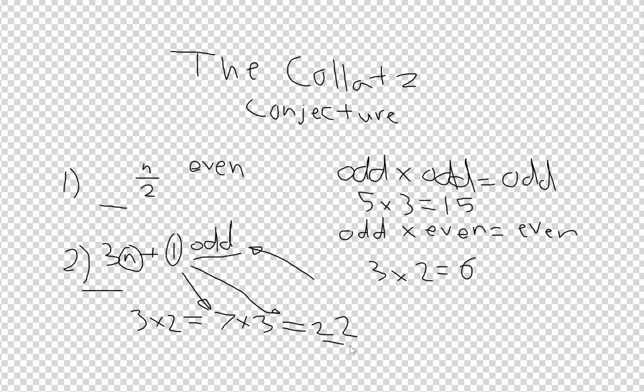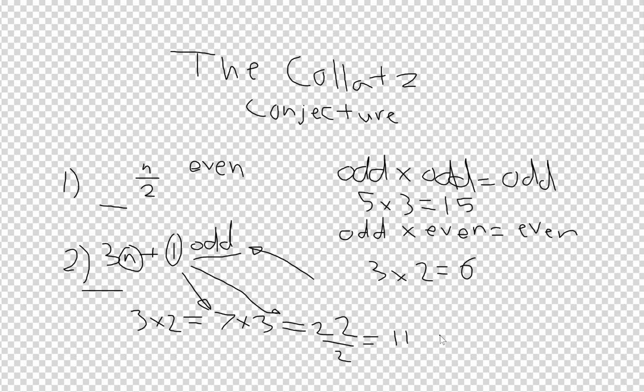And since this is even, you must divide it by 2, which would be 11. 11 times 3 is 33, plus 1 would be 34. 34 divided by 2 is 17. 17 times 3 is 51, plus 1, which is 52. 52 divided by 2 is 26. Since 26 is even, 26 divided by 2 is 13. 13 times 3 is 39 plus 1, which is 40.